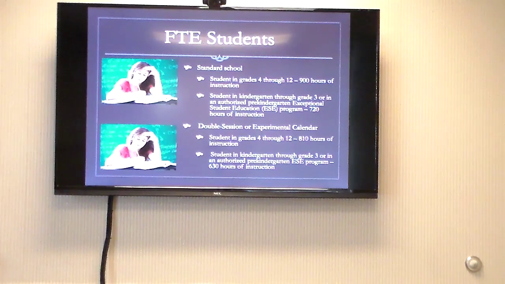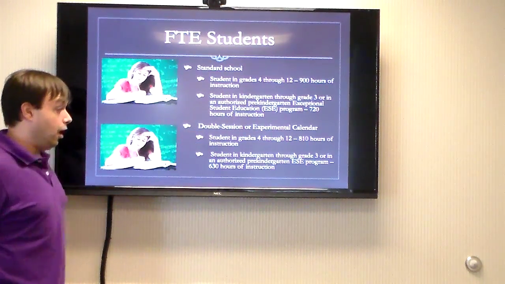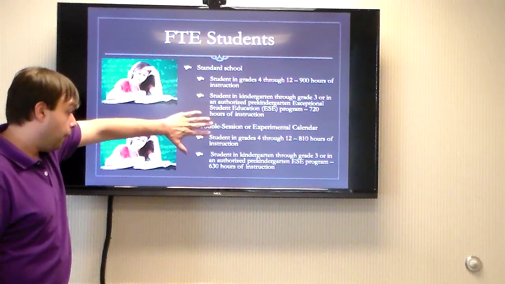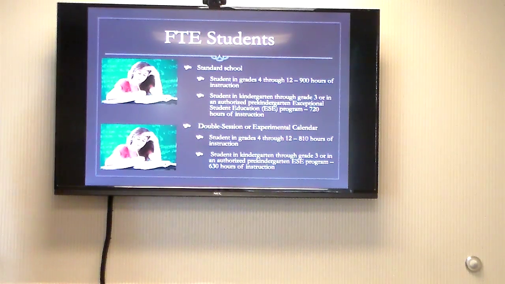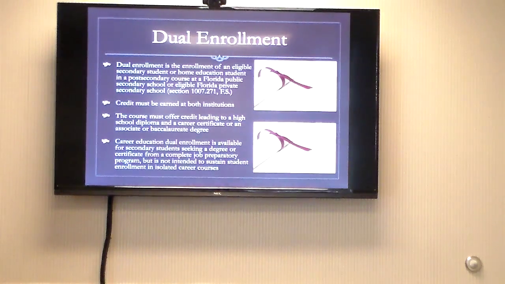If you are on an experimental calendar or double session, which some of you in magnet schools or IB schools may be on, it has a reduced amount of hours of instruction to meet the minimum. If there's a different session or a different schedule, it's a different type of equivalency. But for the most part, grades 4 through 12 is 900 hours, and pre-K through 3rd is 720, and that's standard throughout the United States.